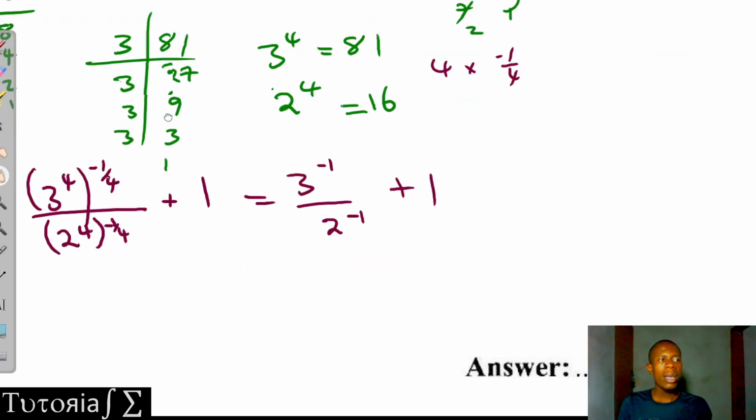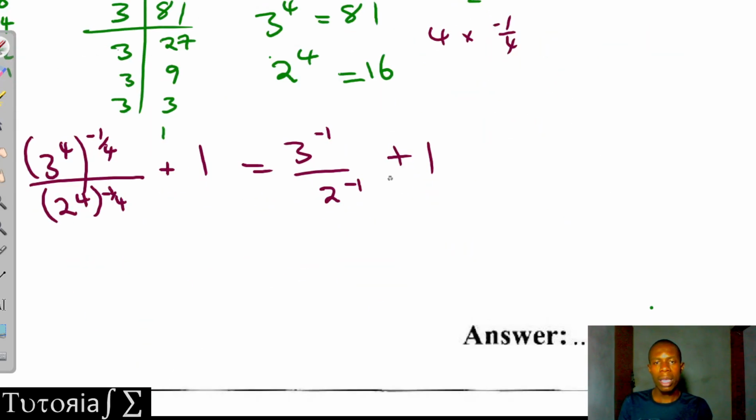Then from here, just have to do this inverse. So this can be written as 3 to the power 1 over 3 divided by 2 to the power negative 1, which is basically 1 over 2. 1 over 2 plus 1. Okay.